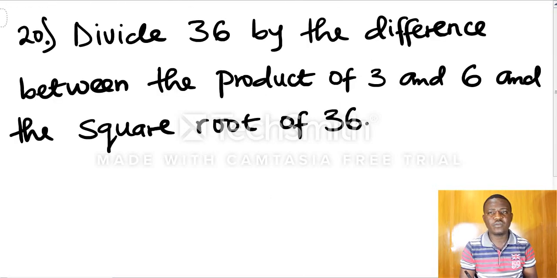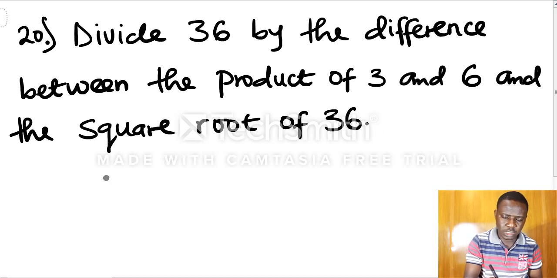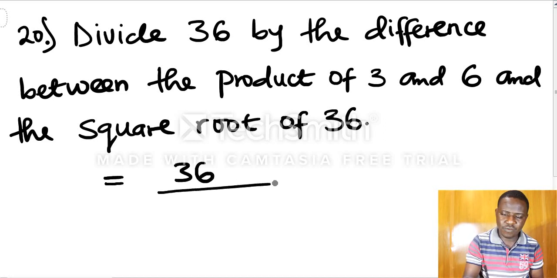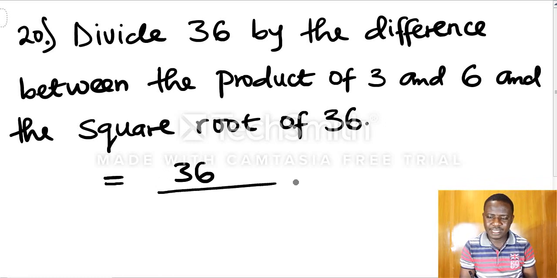And our last question for today on this topic says we should divide 36 by the difference between the product of 3 and 6 and the square root of 36. This can be interpreted as 36 divided by the difference between the product of 3 times 6 and the square root of 36.